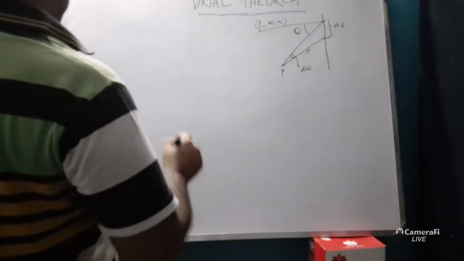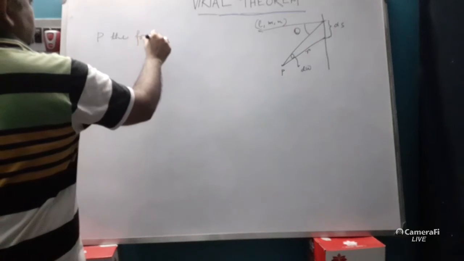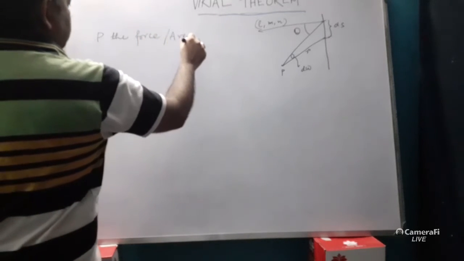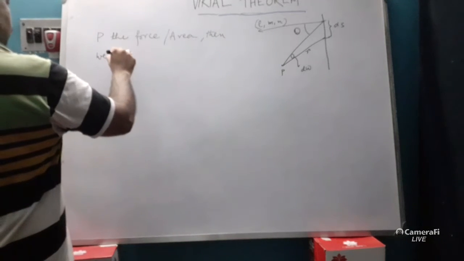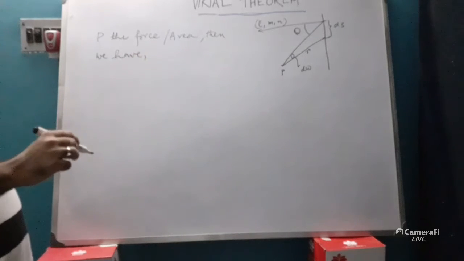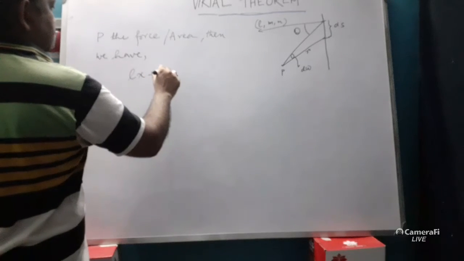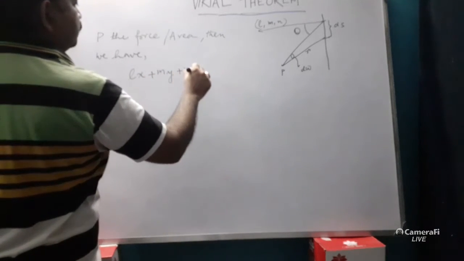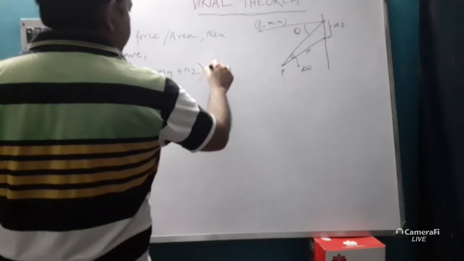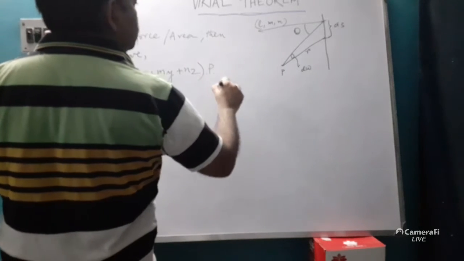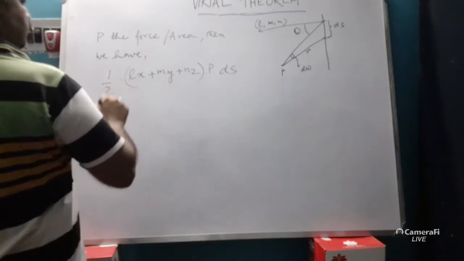So if we consider P, the force per area, then we have (Lx plus My plus Nz) into P into dS multiplied by half.